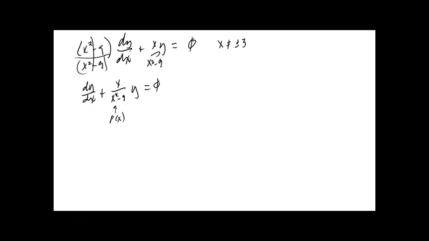If you turn back, you see the first thing you do to it is integrate P of x dx. Right? So that's what we're going to do first. We're going to integrate x over x squared minus 9 dx.